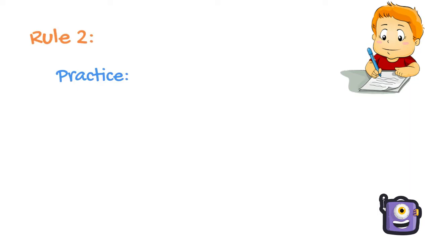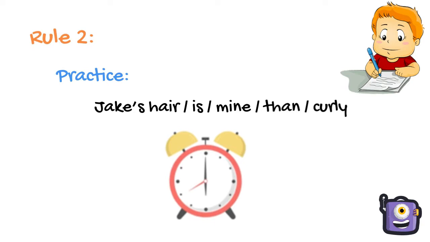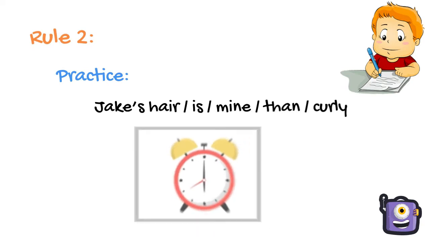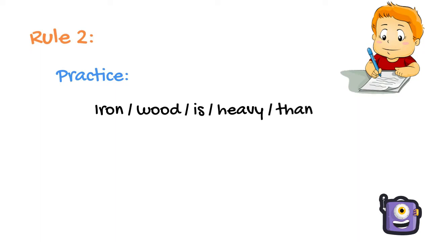We know the rules too. Everyone try to rearrange the words in the correct order. First. And the answer is: Jake's hair is curlier than mine. Second.